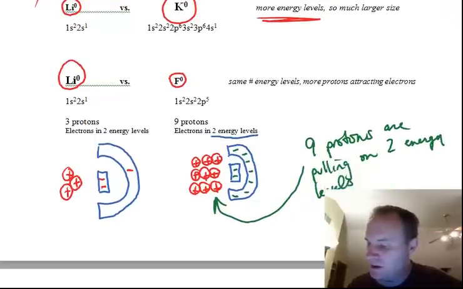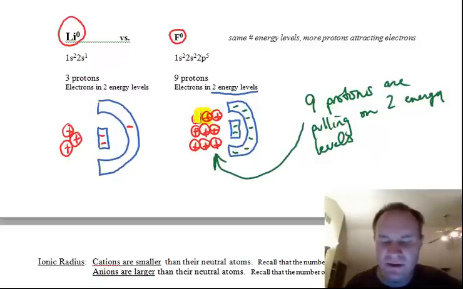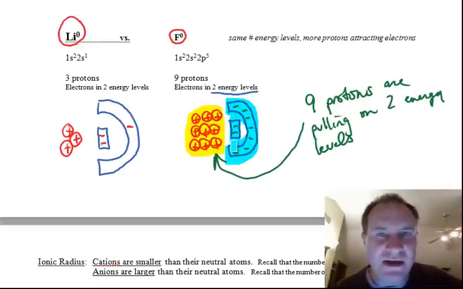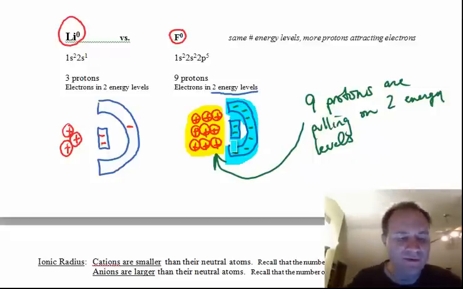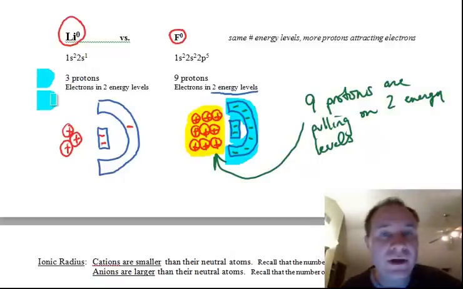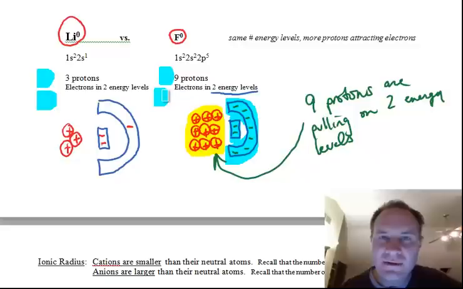It's similar in the respect that if these were all magnets, these electrons would be pulled in closer because of that greater positive charge. I remember when I first learned this, I was thinking, hey, over here I've got 3 pulling on 3, I've got 9 pulling on 9. That's not the right way to think about it.